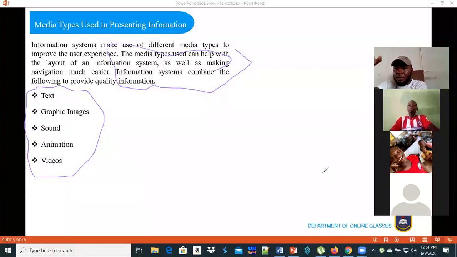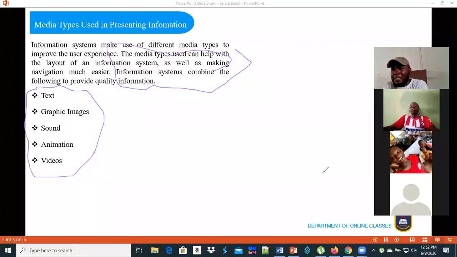And then five, after washing the hand, he or she goes for a towel and cleans. All these they do using graphic images without necessarily having to add text. And then we have some that are only in a textual form. So these are the media types used in presenting information.